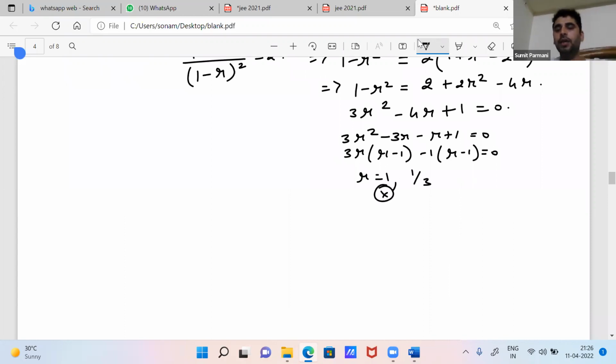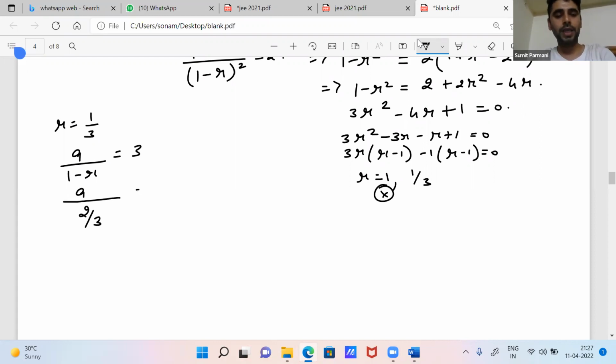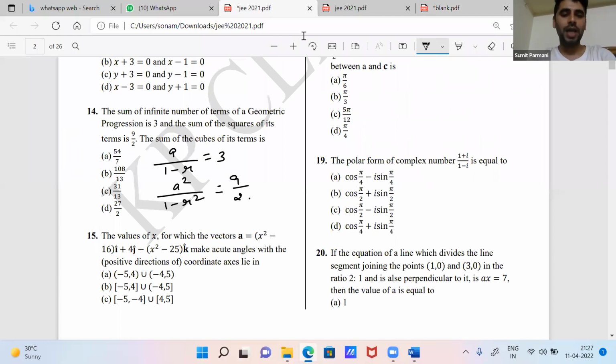1 is neglected because for infinite GP, mod R should be less than 1. So we have considered R is equals to 1 by 3. So if R is 1 by 3, then A upon 1 minus R is actually 3. So we have A divided by 2 by 3 is equals to 3. So we have 3A by 2 is equals to 3. Therefore, we have A is equals to 2. What is the last thing?